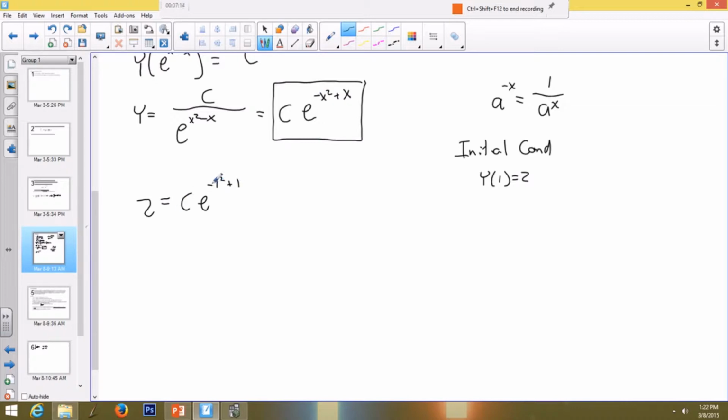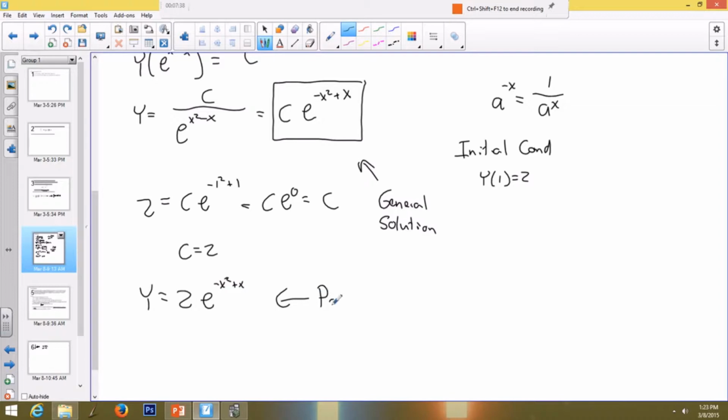So I get negative 1 plus 1 is 0. That gives me e to the 0, which is just 1, because anything to the 0 power is 1. So c equals 2. So here is my general solution, and my particular solution is going to be y equals 2e to the negative x squared plus x. This is my particular solution.